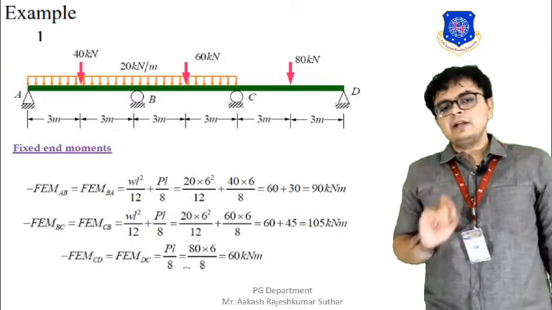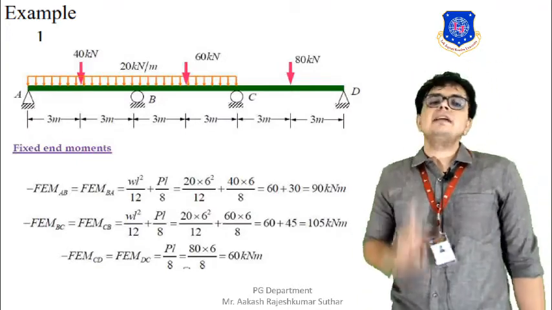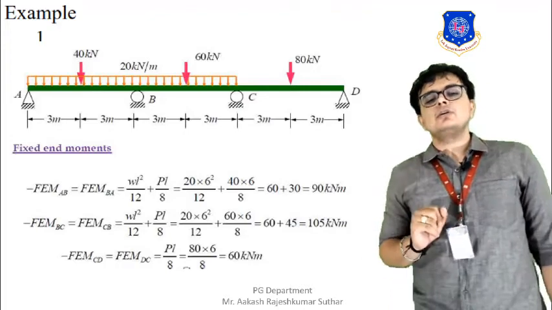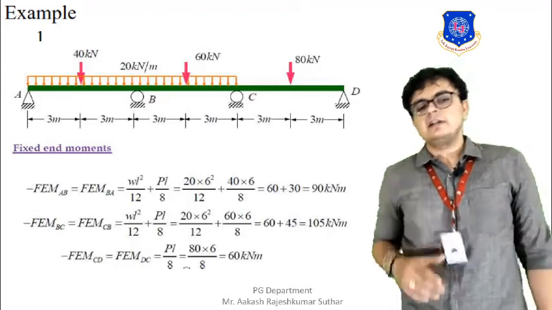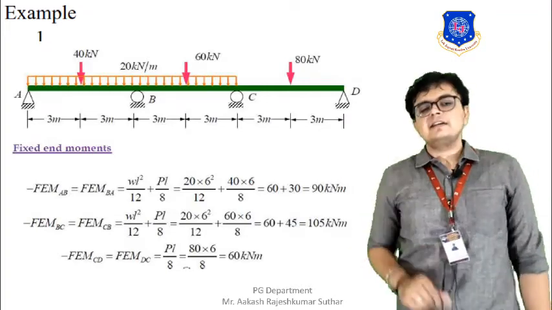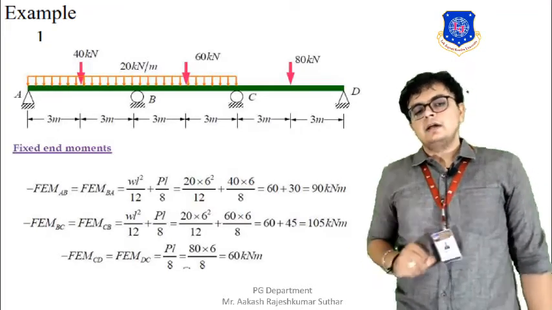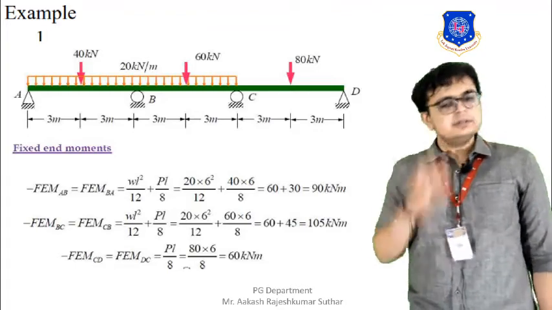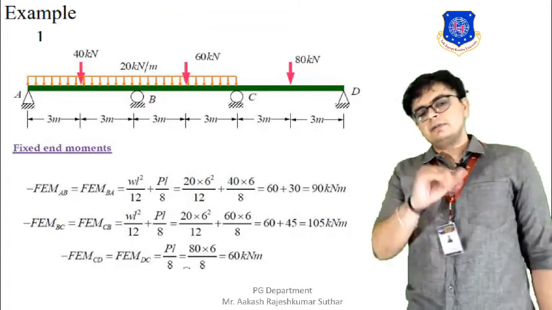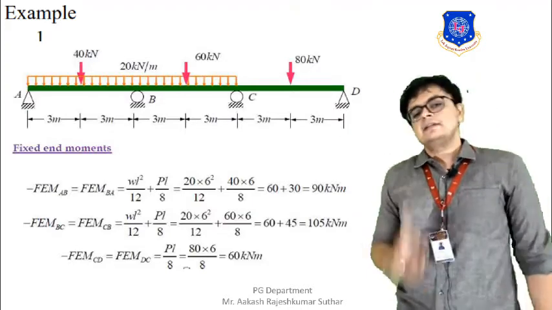So WL square by 12 plus we have an extra concentrated load of 40 kilonewton. We all know that for a centrally located point load, we have the formula WL by 8. So that is also applied. So WL square by 12 plus PL by 8.